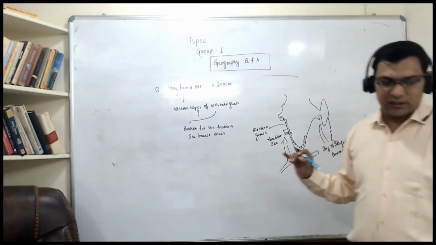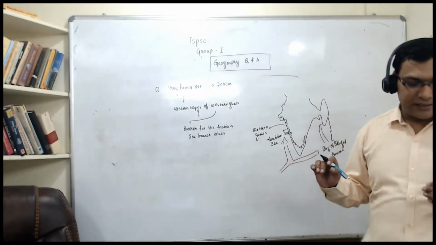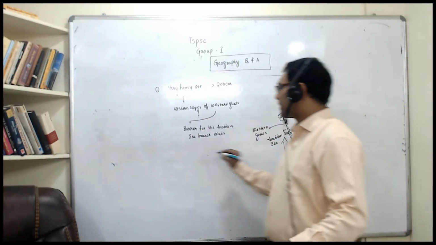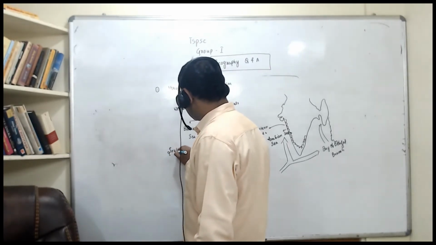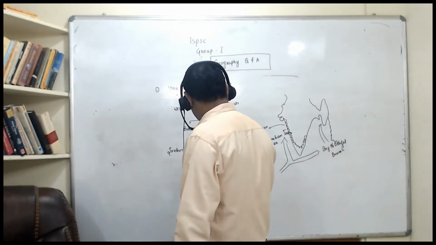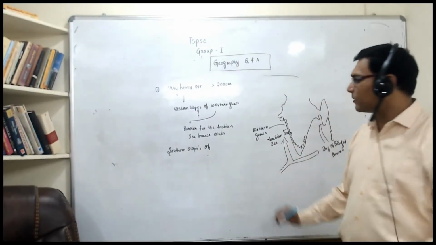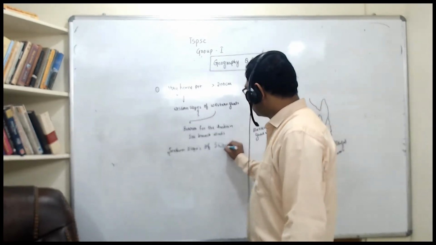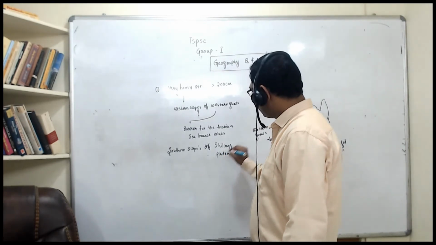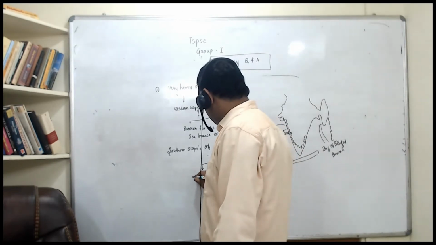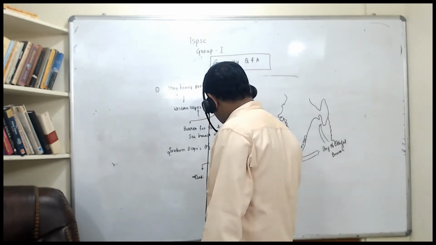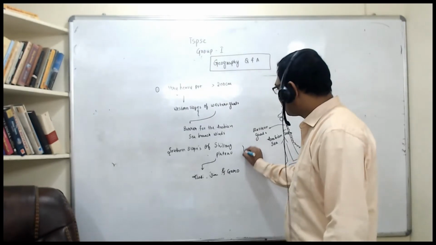So in the northeast, the southern slopes of the Shillong Plateau, where you have the Khasi, Jaintia and Garo hills, and the southern slopes of Arunachal Pradesh receive rainfall.